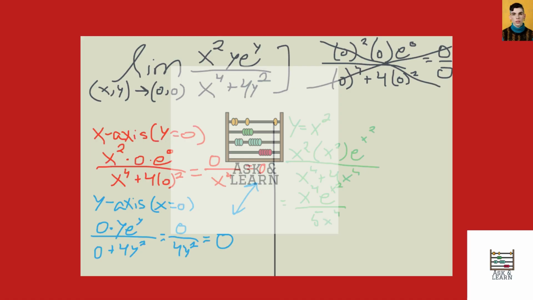And we see that this results in a different value. We have x to the fourth, these cancel out. So we're left with e to the x squared over 5.